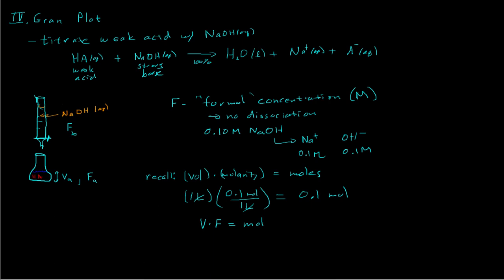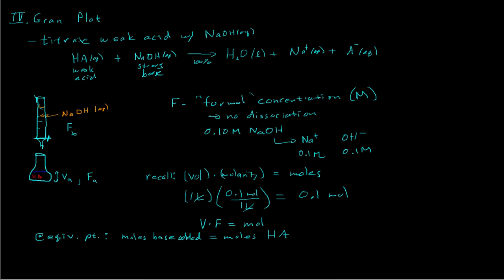Gran plot. Okay, so let's think about what happens at the equivalence point. So we know at the equivalence point what's happened. We've added exactly enough base to neutralize all of our acid. So at the equivalence point, the moles of base added will be exactly equal to the moles of acid that we had present initially. So how can we set up an equation for this?